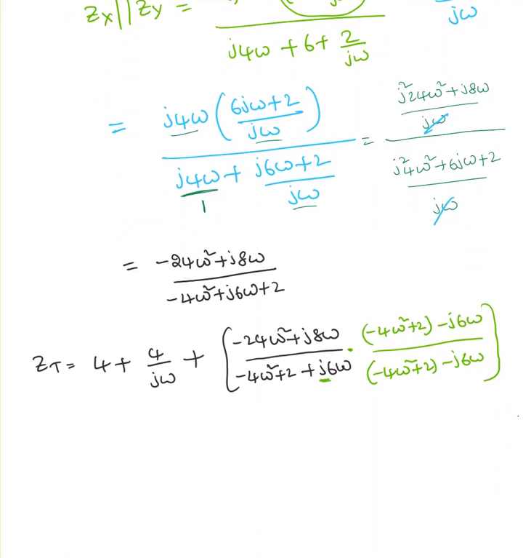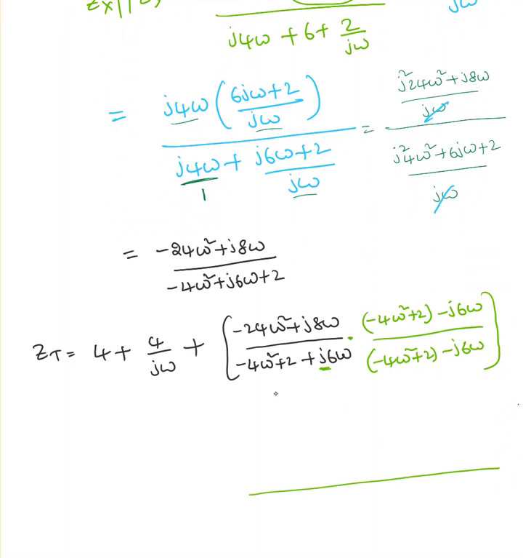When it comes to the denominator, I have a squared plus b squared, which is minus 4 omega squared plus 2, whole squared, and b is 6 omega, so plus 36 omega squared. In the numerator I'm going to multiply, but remember, I care about the imaginary parts but not the real parts.